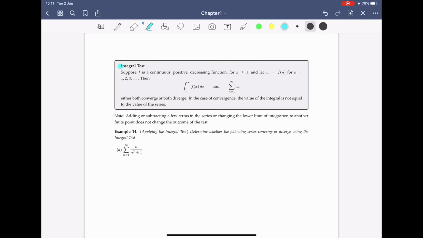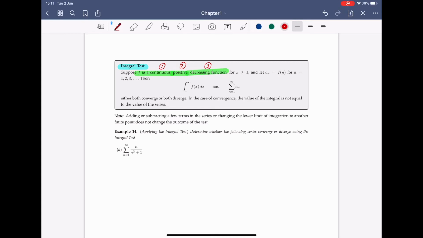So this is the statement of the integral test. Before you use the integral test, you have to make sure that your function is continuous, positive, and decreasing. You need 3 conditions: continuous, positive, and decreasing.